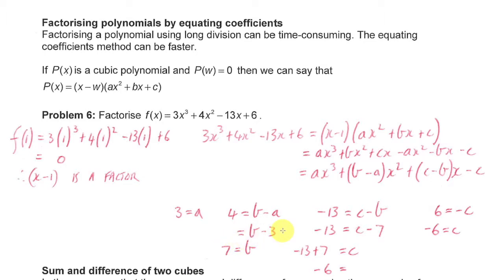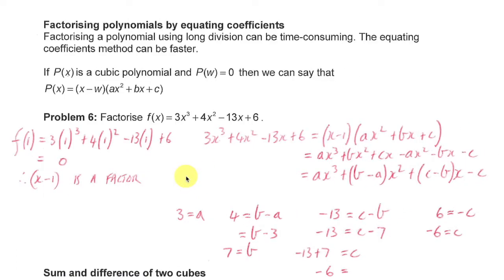I can also work out that negative 13 is equal to c minus b, and going through doing the algebra, I'll produce that c is equal to negative 6. And finally, that 6 must be equal to negative c, producing c equaling negative 6.